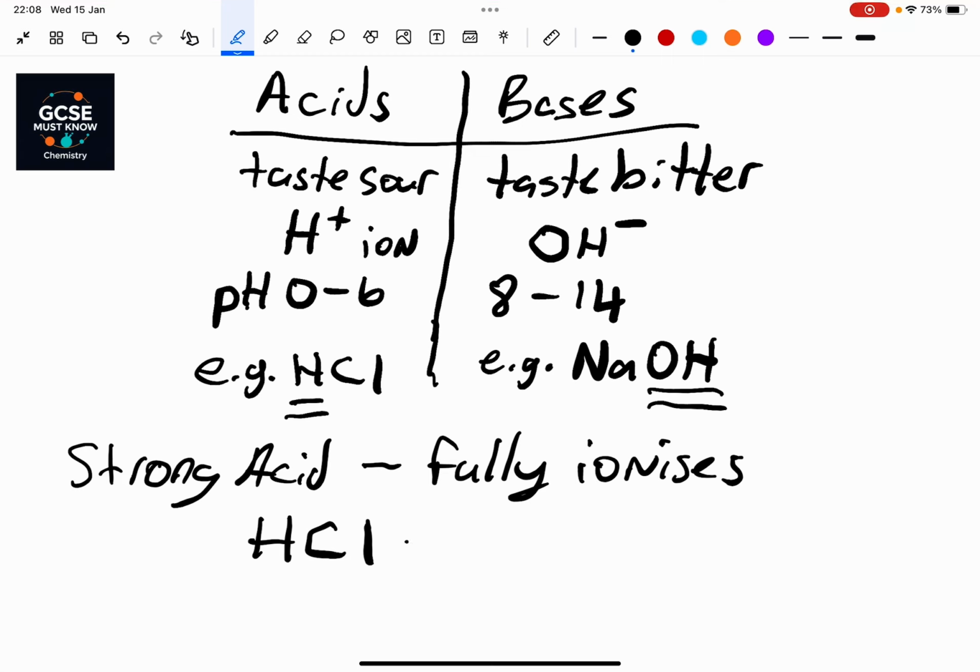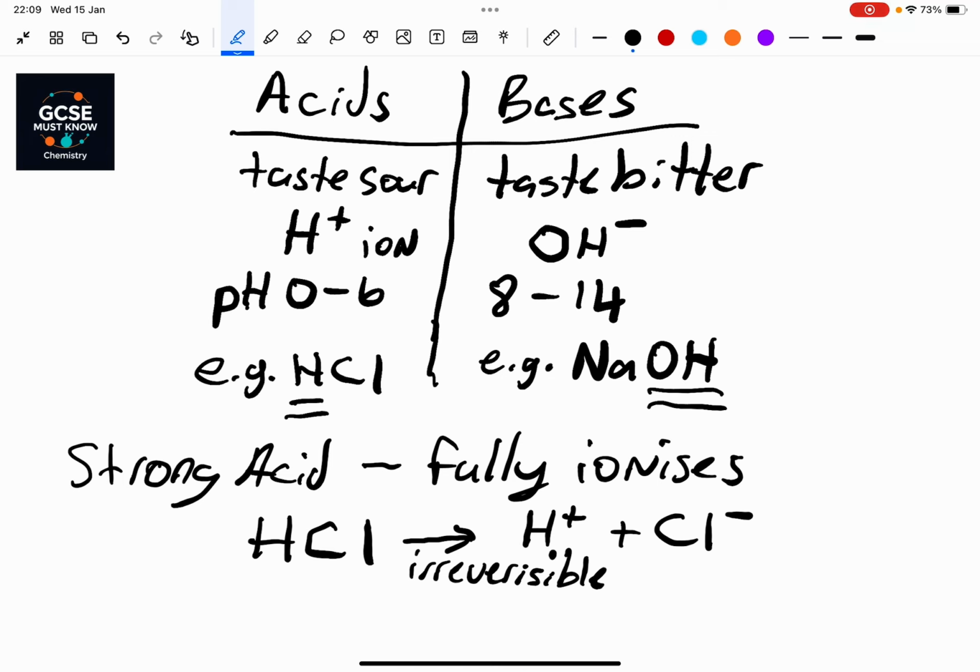When we show it ionizing, we put a one-way arrow, meaning it's irreversible. That reaction is going to go one way. It's irreversible. And that's going to ionize into the H+ ion plus the Cl-.